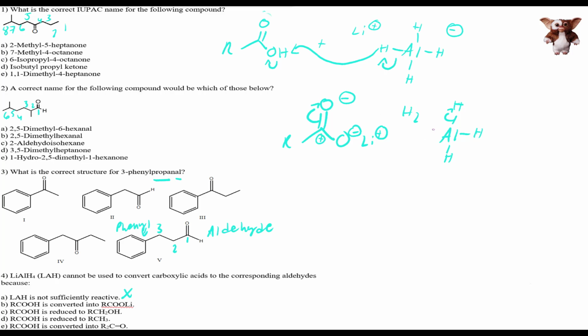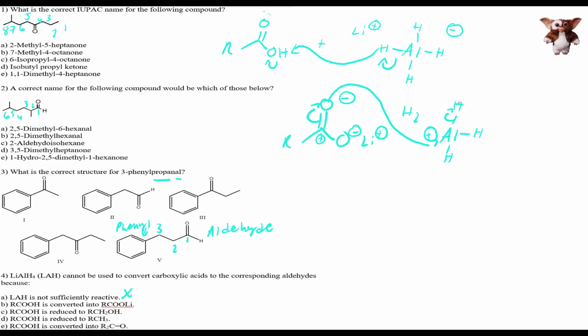Of course, this aluminum right here is now positive as well. Notice that we went from a negative, we lost a hydrogen, so it was neutral, and then we lost another hydrogen, so it became positive. Okay, so the positive aluminum is going to be attracted to the negative oxygen. So here we go, towards the aluminum.